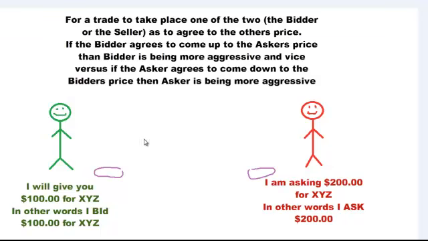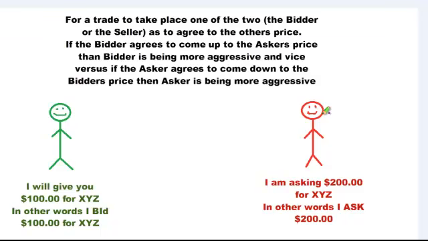For a trade to take place here, one of these two has got to come up. Either this guy here has got to come up to her price, or she's got to come down to his price. So I'm willing to give $100 for XYZ; in other words, I'm bidding $100 to buy from you whatever you're selling.